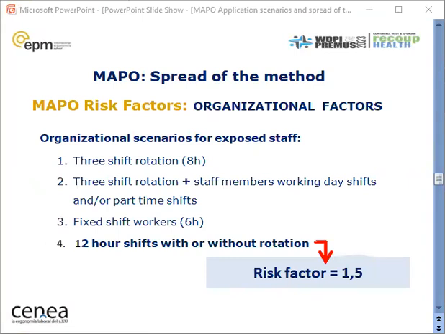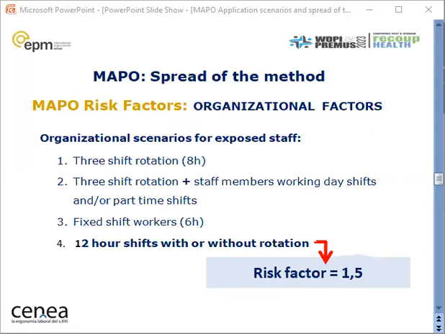With regard to the risk factors considered by MAPO, it's necessary to make a clarification concerning the work organization, because developments for better or worse in hospital care in Europe and internationally have led to different organizational scenarios for exposed staff.